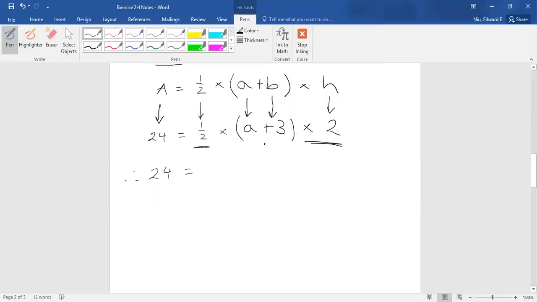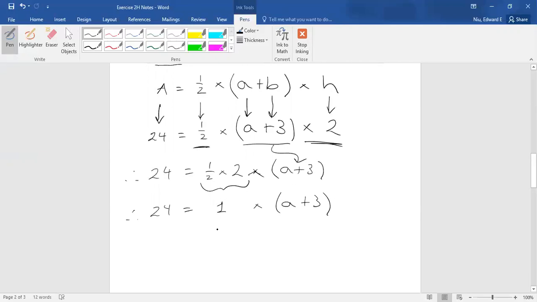If we multiply these two together, half times 2, and leave this part separate, we've just rearranged it. Half of 2 is 1, so we have 1 times (a plus 3).